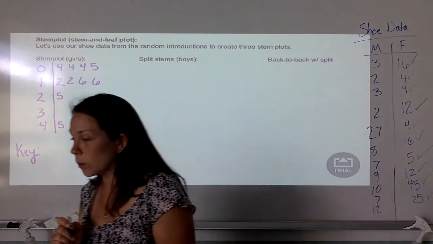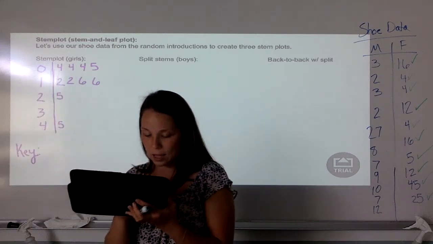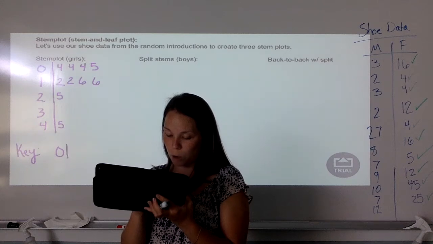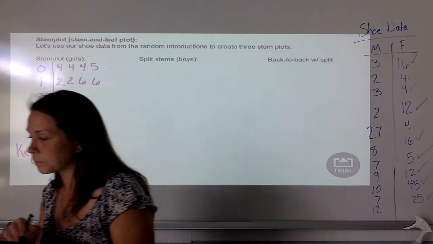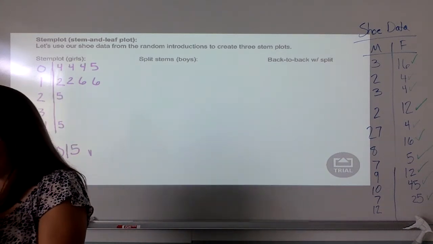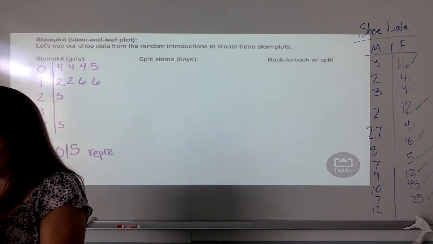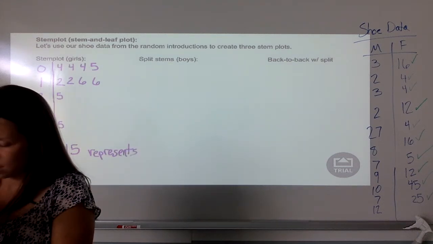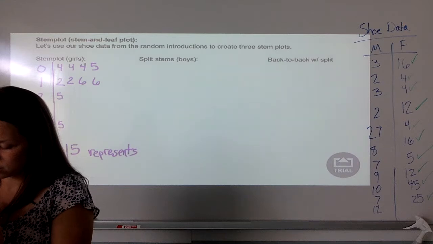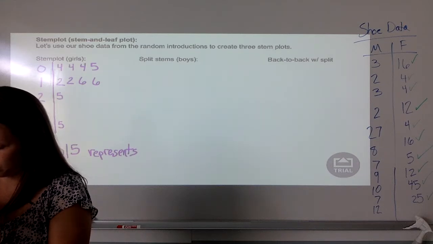And so one way we could write our key is we can say 0 with the bar and 5 represents a female with 5 pairs of shoes.